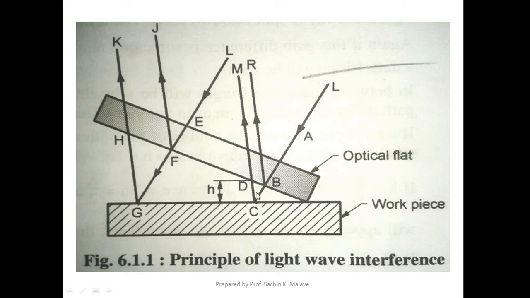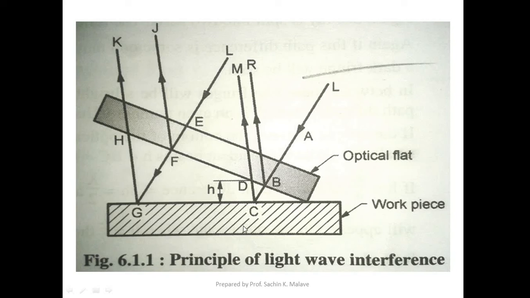That is, if BCD is an odd multiple of lambda by 2, say 1 lambda by 2, 3 lambda by 2, 5 lambda by 2, then the two components will be out of phase, and complete interference is achieved.